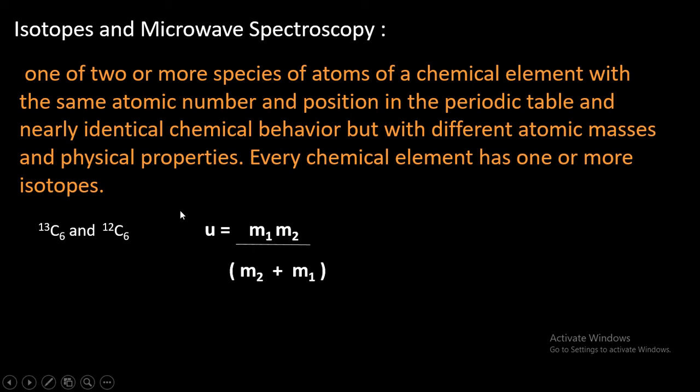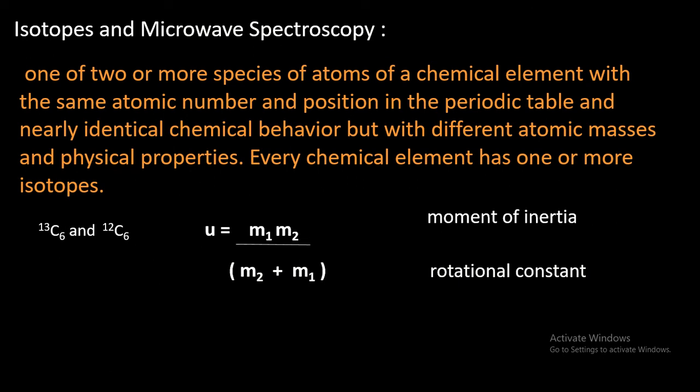Therefore, reduced mass is determined with the help of this formula: mu equal to m1 into m2 upon m1 plus m2. Moment of inertia depends on the reduced mass. The rotational constant depends on the moment of inertia. Therefore, the rotational constant, which represents the energy level or change of energy level, also depends on the isotopes, that is, the reduced mass.